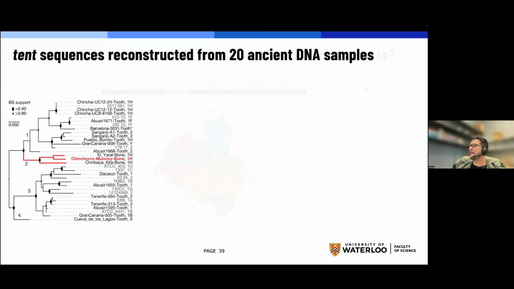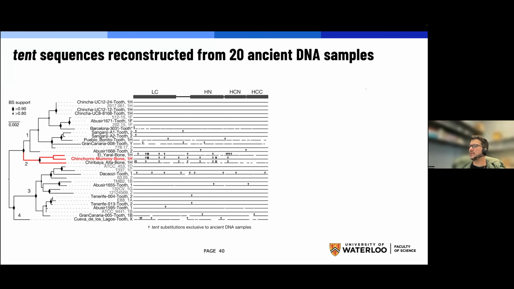And so what we did was we looked at the tetanus toxin sequences within our samples, and specifically we wanted to see if we could find unique substitutions or SNPs that were completely unique to the ancient samples and were not observed in any modern tetanus toxin sequence.